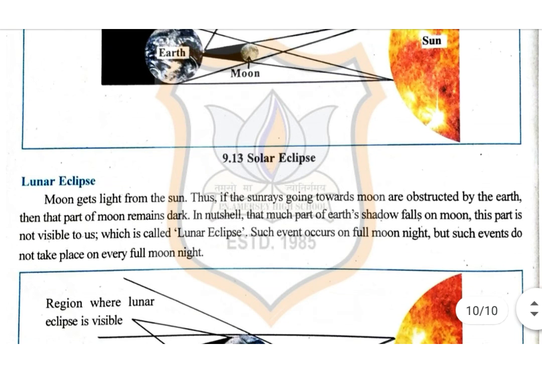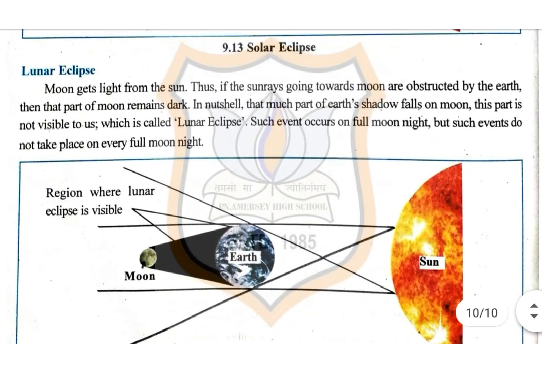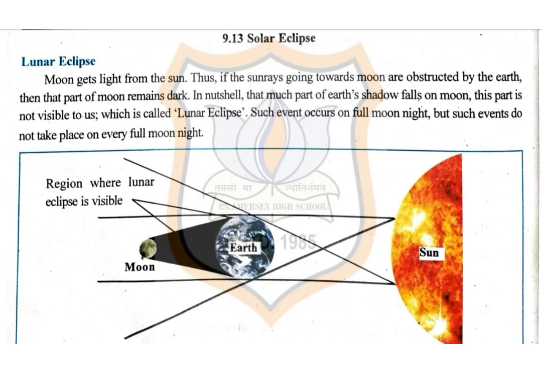Next is lunar eclipse. The moon gets light from the sun. Thus, if the sun rays going towards the moon are obstructed by the earth, then that part of the moon remains dark. In a nutshell, that much part of the earth's shadow falls on the moon.